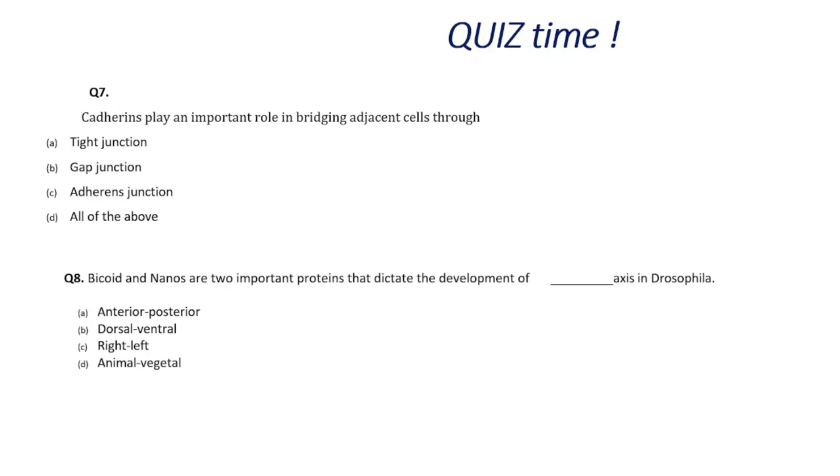Okay, coming to question number 7, which is cadherins play an important role in bridging adjacent cells through the tight junction, gap junction, adherens junctions, or all of the above.